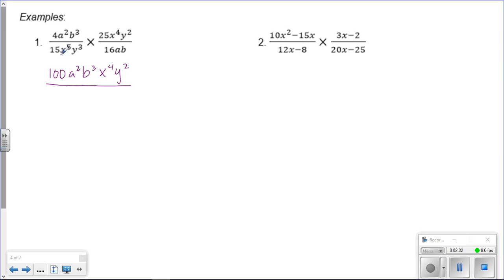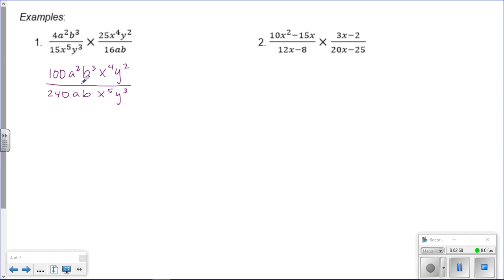All right, the denominator, we can multiply 15 times 16, which is 240. And then I have a times b times x to the fifth y cubed. Again, same thing, can't combine any of them. I like to write it in order so everything is matching up right on top of each other so you can move things around because it's multiplication.